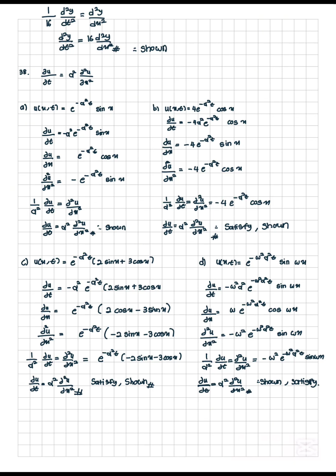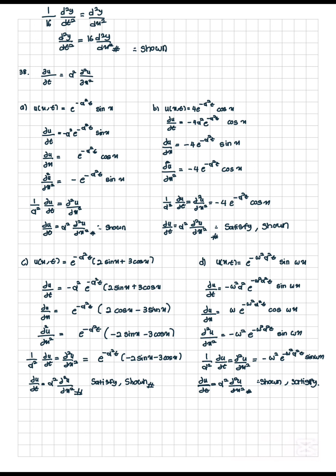For C, u(x,t) = e^(−α²t) (2 sin x + 3 cos x). So we need to differentiate u with respect to t, and we got −α² e^(−α²t) (2 sin x + 3 cos x).